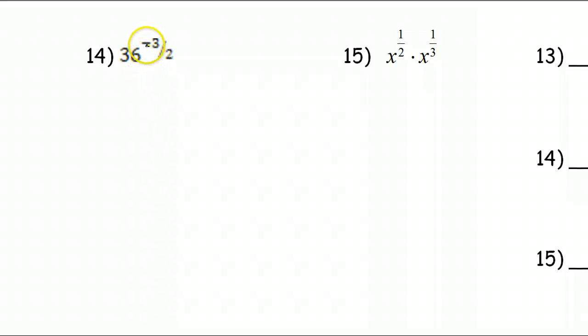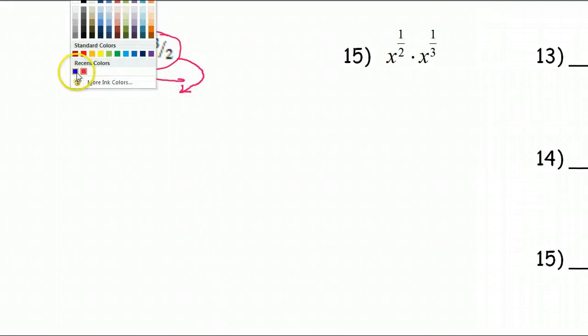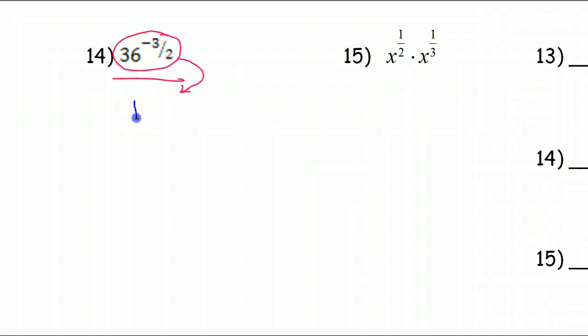Please understand this will not be a negative number. A negative exponent, as we've seen many times, is just going to drop this down to the bottom of the fraction. So I'm going to have 1 over 36 to the positive 3 over 2 power.